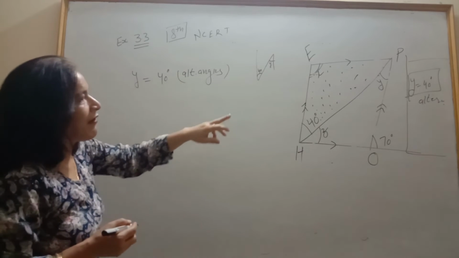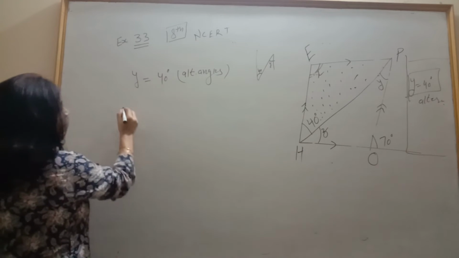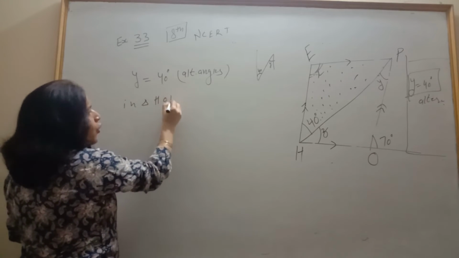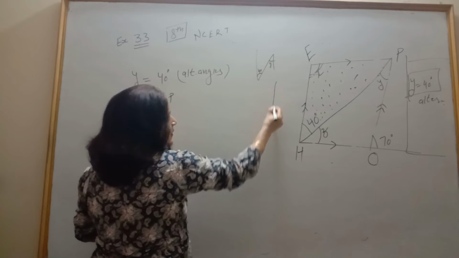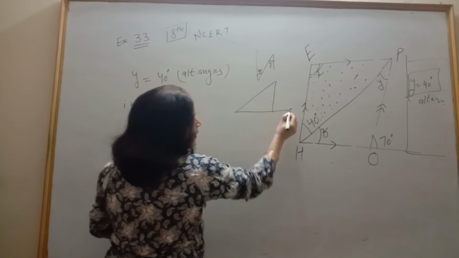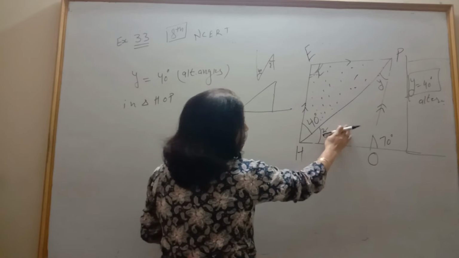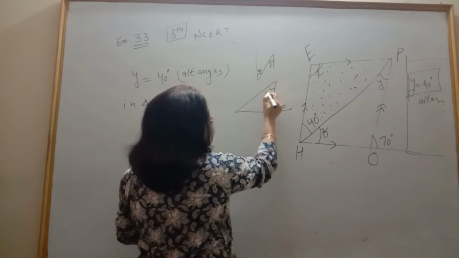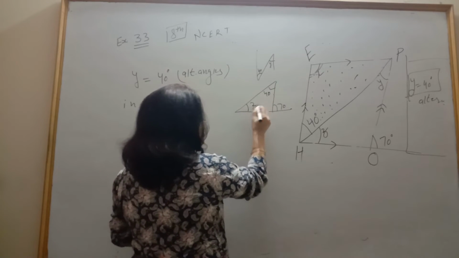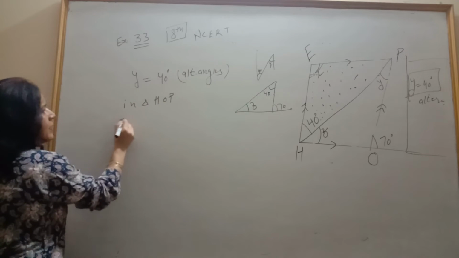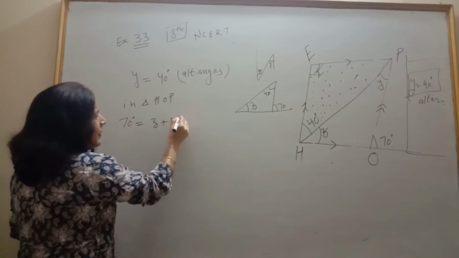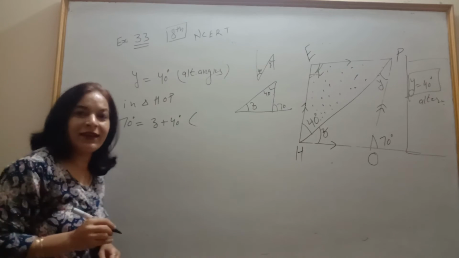If you find Y is 40, then in triangle HOP, like this, in this triangle, it's 70, Y I found 40, it's Z, so 70 degrees is equal to Z plus 40. Why?